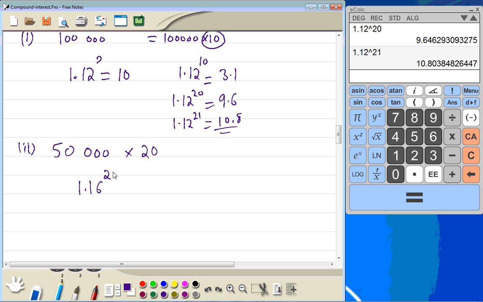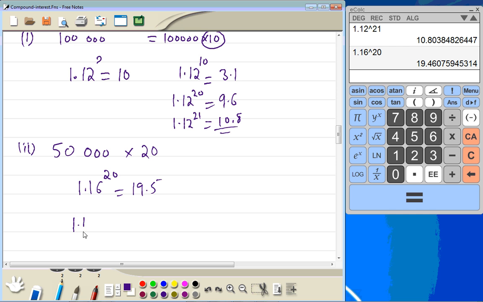We instead go to 20, 1.16 raised to the power 20, just under 20, so it's 19.5.